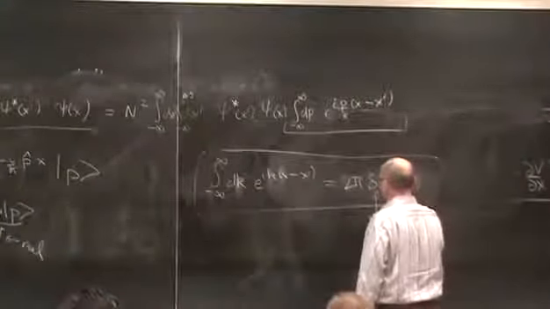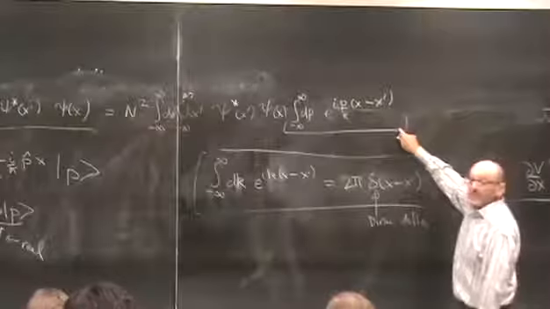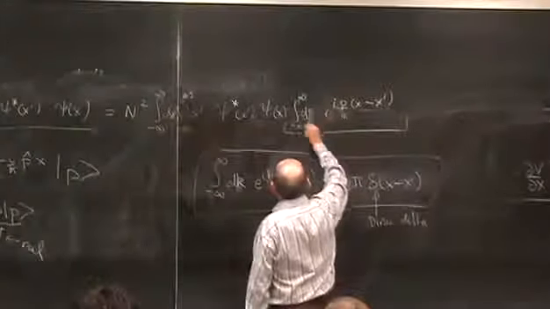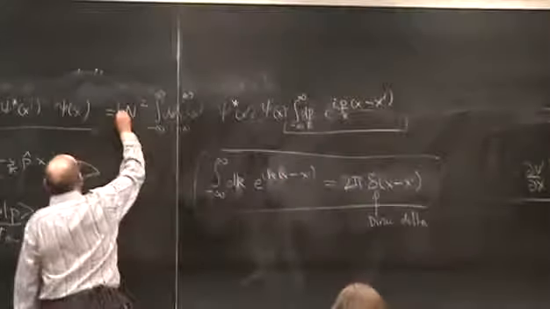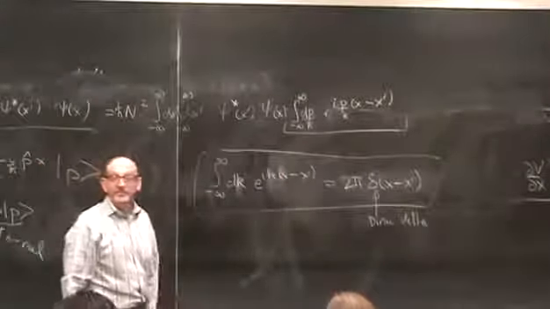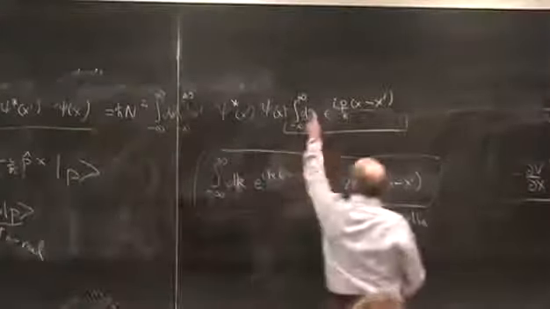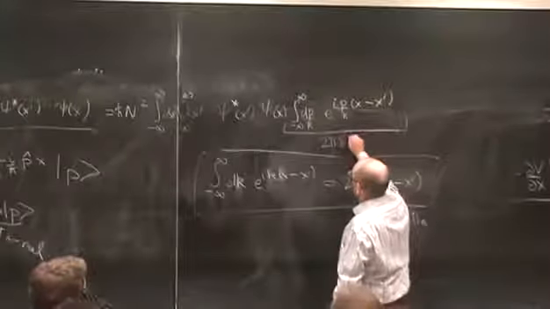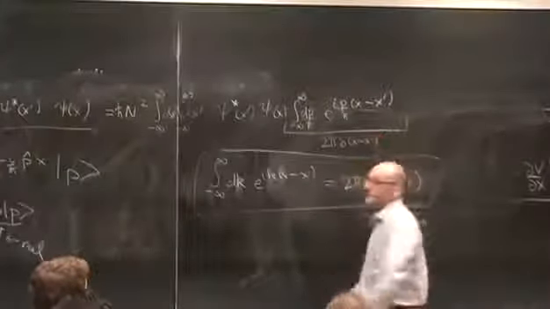Now, this integral, if I divide by h bar over here and multiply by h bar over here, then I can call this k, and I get 2 pi delta of x minus x prime.